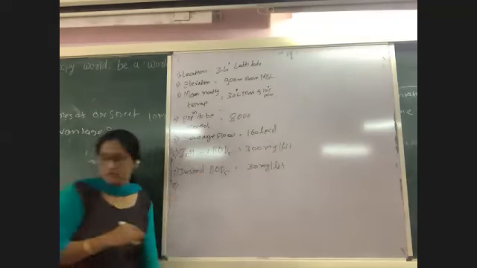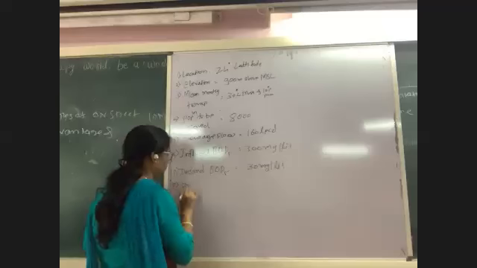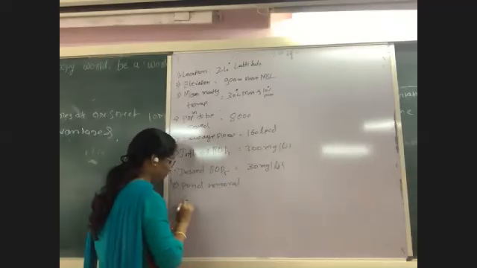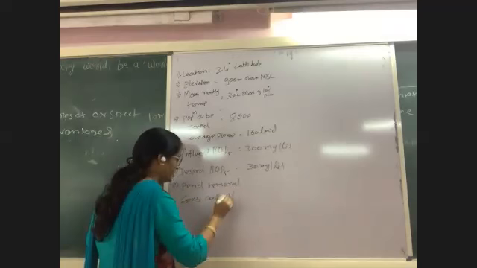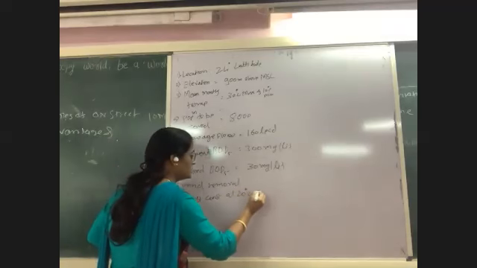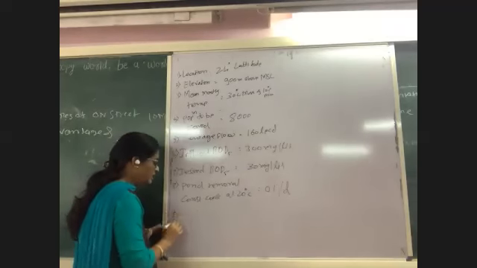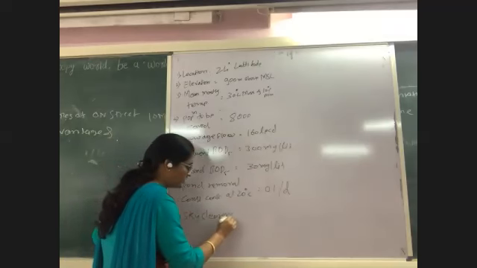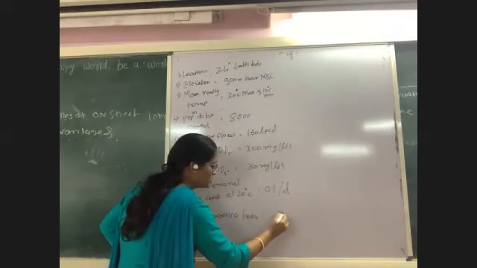Eighth data is given to you: pond removal constant at 20 degrees Celsius is equal to 0.1 per day. And the ninth data is sky clearance factor. Sky clearance factor is given to you, 0.9.